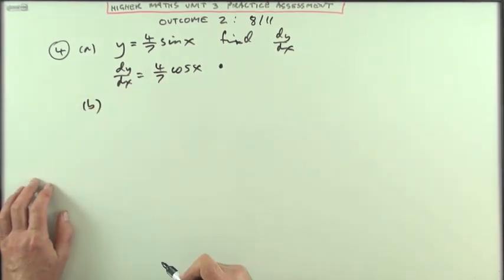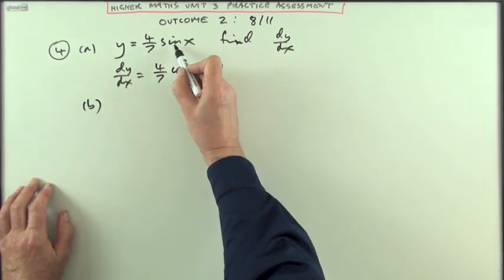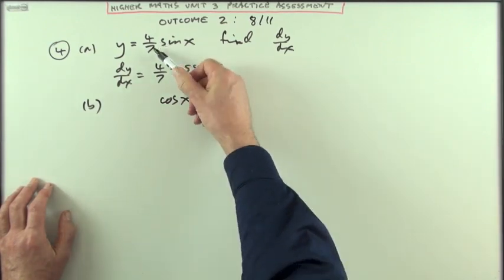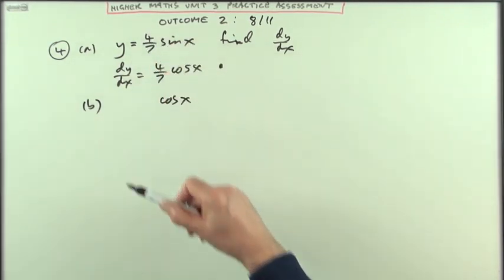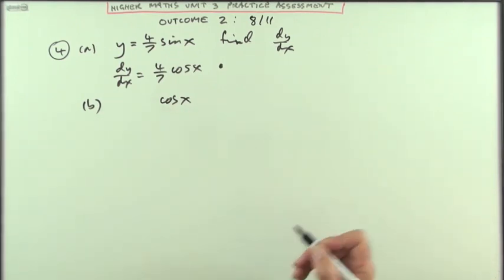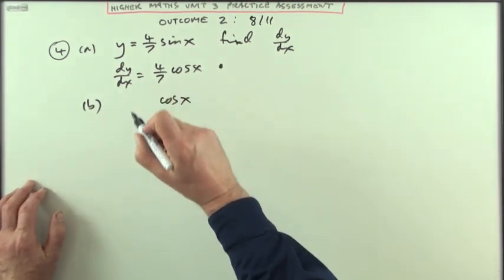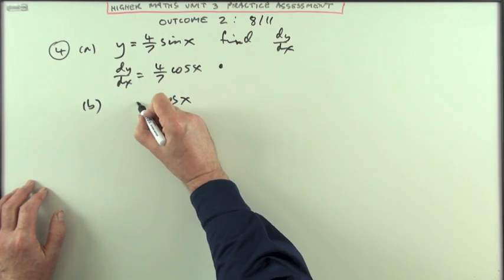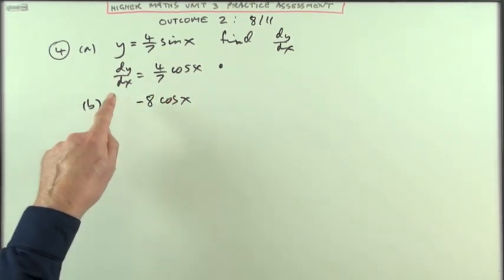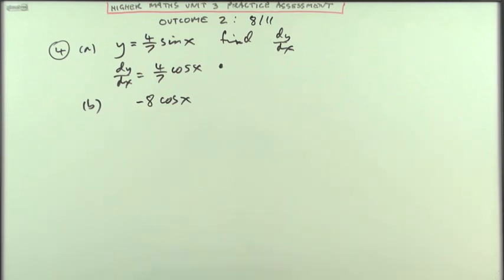B, same again. Only this time, instead of sine, because you've already been asked a sine, it'll ask you a cos. And probably because you've already been asked a fractional coefficient, it'll give you a whole number, or maybe an integer. There might be a negative there. So in this case, what if you've got negative 8 cos x? But this time it won't say, if y equals this, find dy by dx.